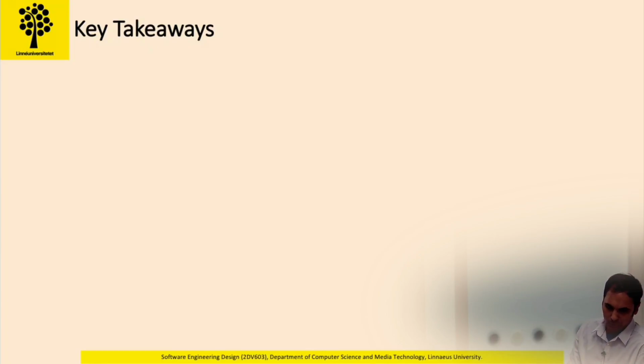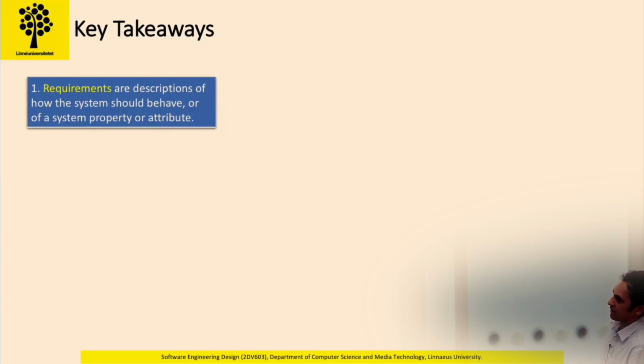So I want to conclude the lecture, but before concluding, I want to highlight whatever we have discussed and learned today. The first thing is the requirements. The requirements are nothing but the descriptions of how the system should behave, or what system properties we should have or expect from the end users and stakeholders.